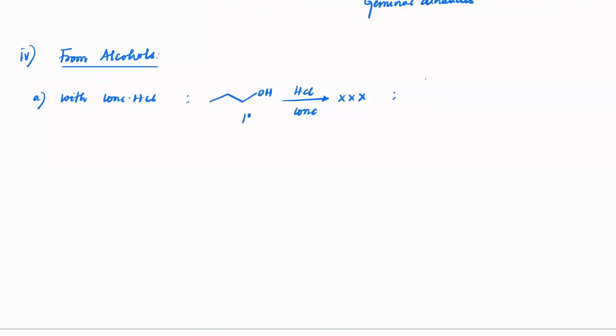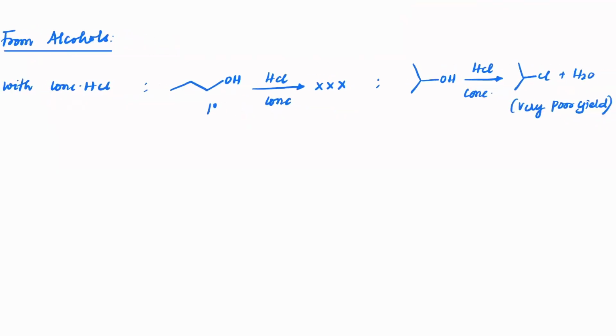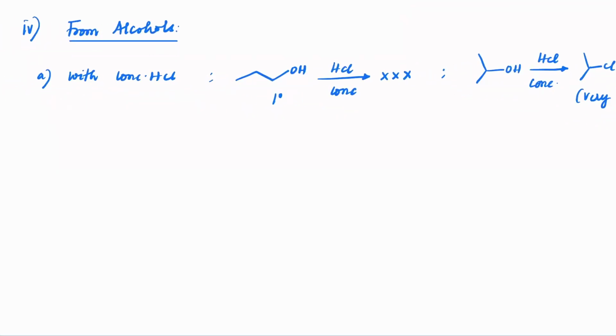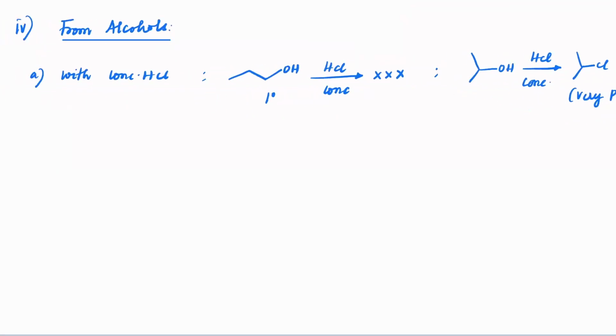In a 2 degree alcohol here, if you have it like this, 2 degree alcohol plus concentrated HCl, then you will get Cl here plus H2O, but in a very poor yield. You will not get a good yield of it. Which means 1 degree and 2 degree would hardly operate with HCl.